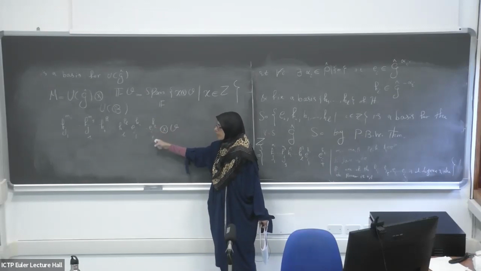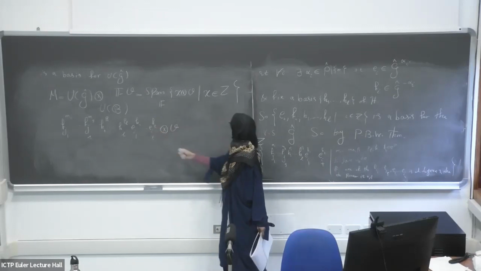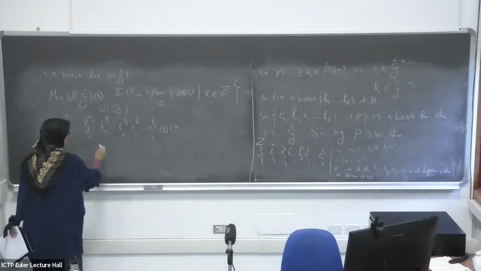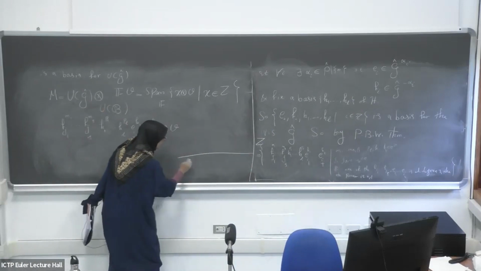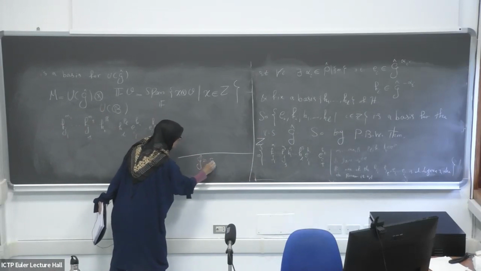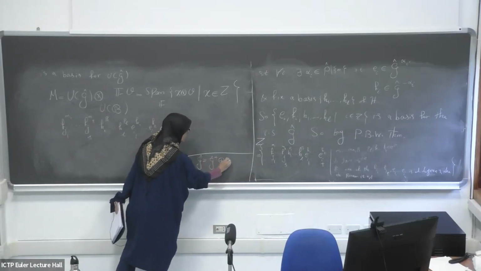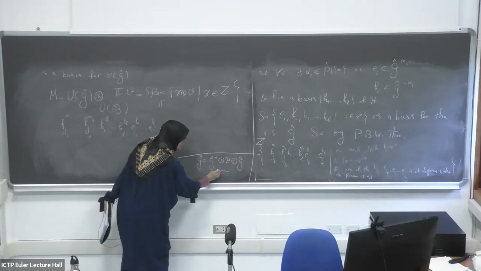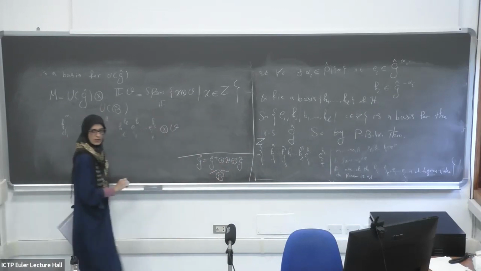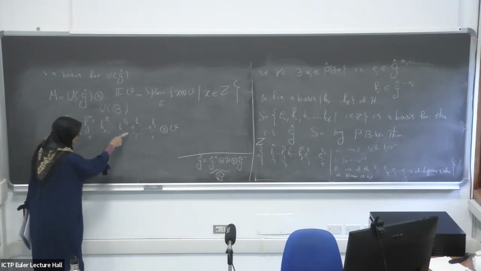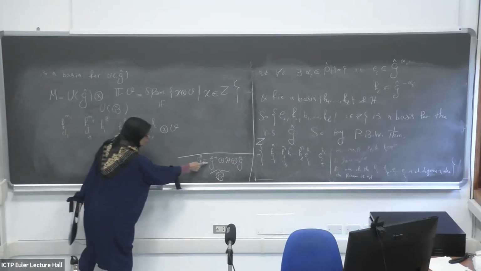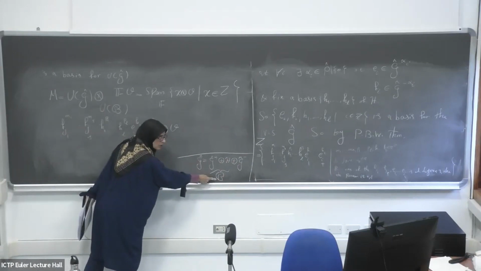EI1 up to EIT are elements of, I write here what we had, just to remember. We had G hat minus, H, G hat plus, and this is B, right? And EI1 up to EIT are elements of G hat plus, which act on elements of B.